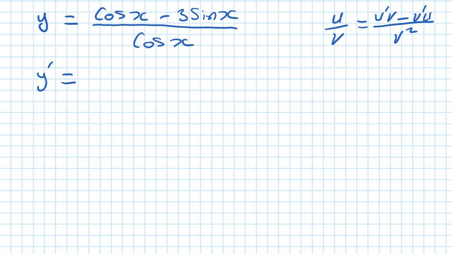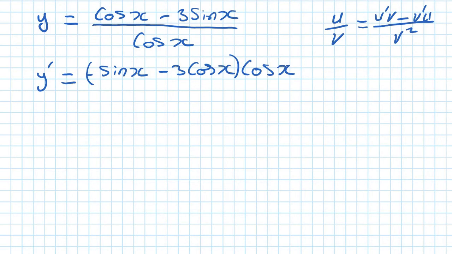That's all. So I differentiate the top here: differentiate cos first, give you minus sine, so that becomes minus sine x. Differentiate minus 3 sine x: the 3 is a constant, so just minus 3, and differentiating sine gives me cos x, and then you times cos x altogether.